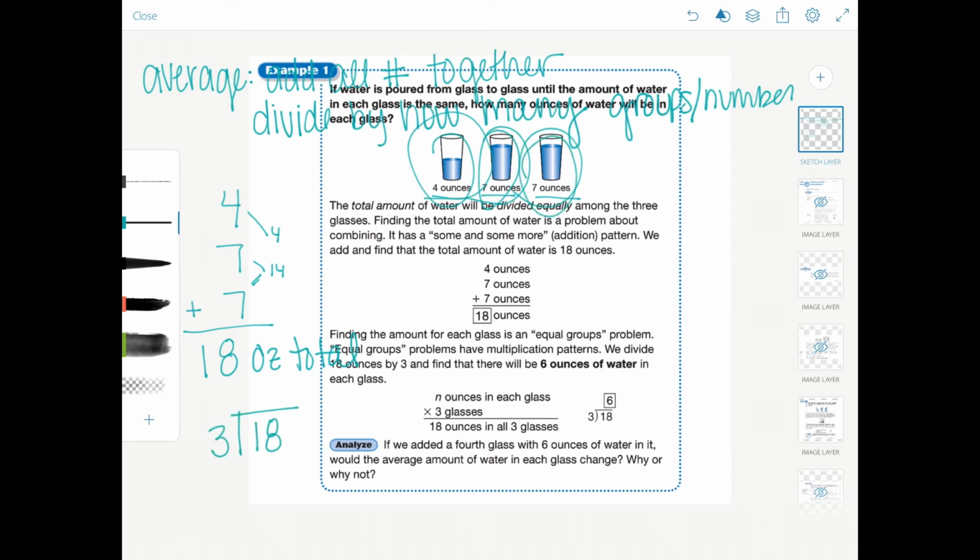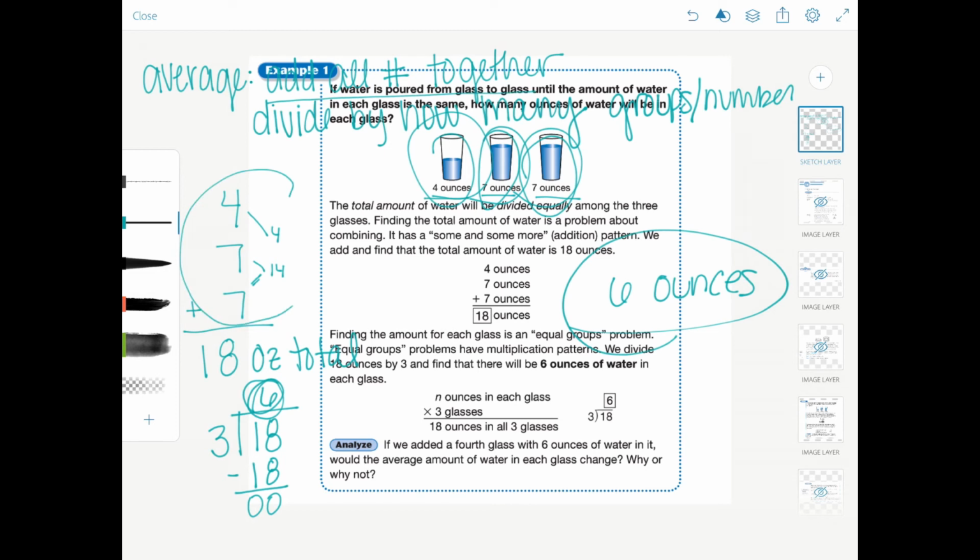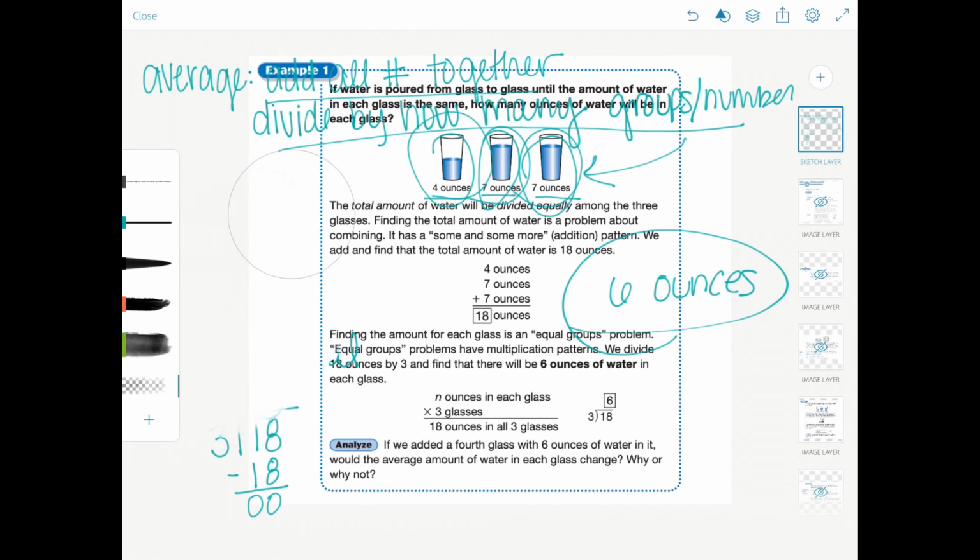See, I added all of my numbers together with 4, 7, and 7, and I'm dividing by how many groups? That's 3 cups. So it's going to be 6. So the average of these 3 cups is 6 ounces. So I added it all together right there, and I divided by how many groups? I had 3, and that's down in the bottom.